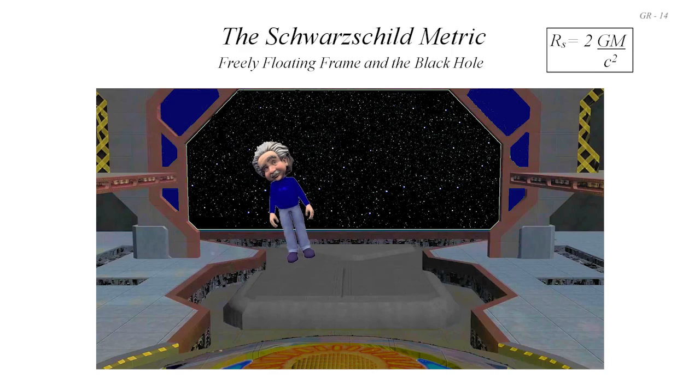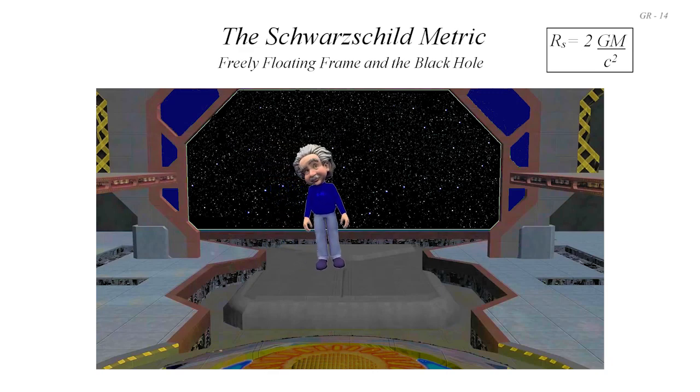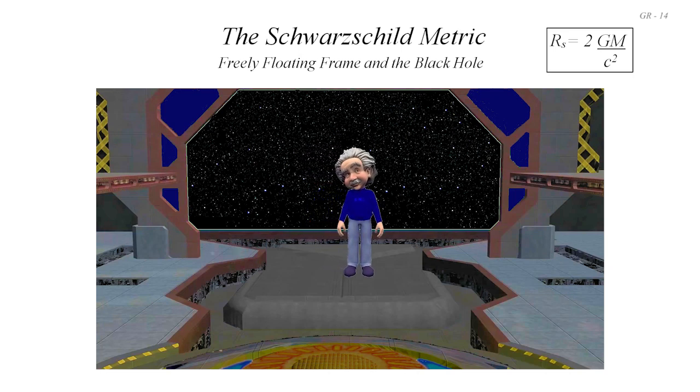Assuming that the tidal forces were not large enough to be noticeable, anyone falling into a black hole in an unpowered spaceship would simply be floating in that spaceship, unaware even of the presence of the black hole.